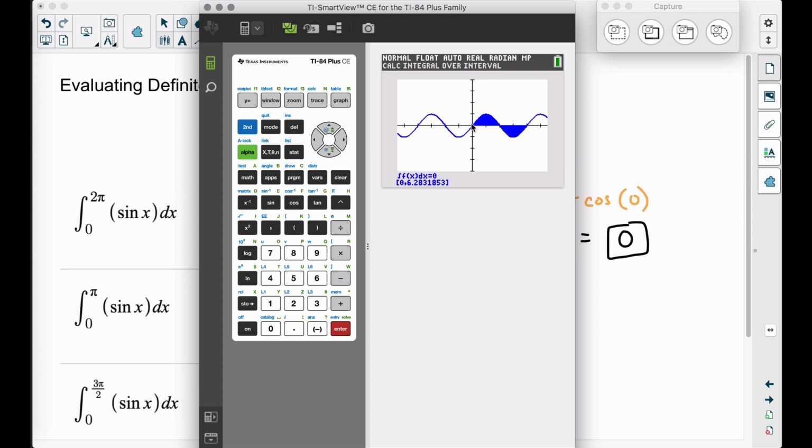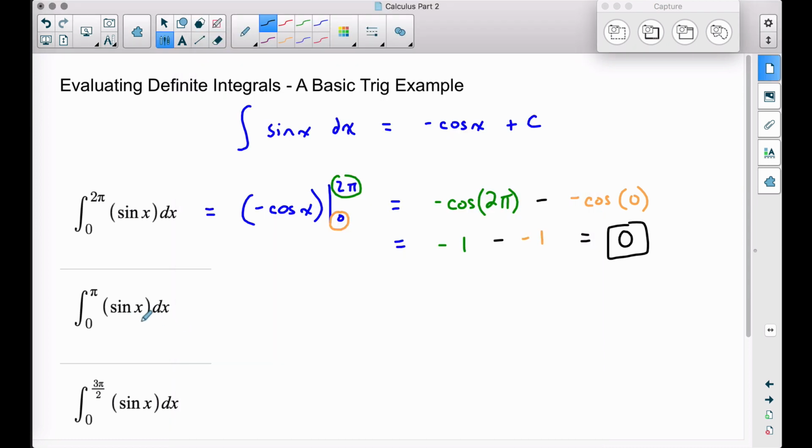With that said, here's 0 and here's pi and here's 2 pi. What is the area from 0 to pi? That's what this second example is showing. So we pretty much have the same piece here, except our bounds are different. Let's take the pi and plug it in. So now we have negative cosine of pi. Let's not forget to subtract. Let's plug in 0, so we have negative cosine of 0.